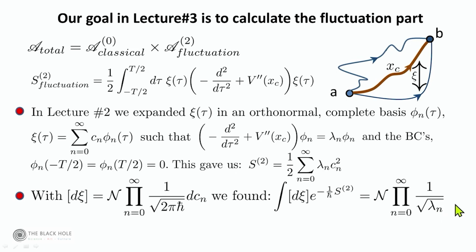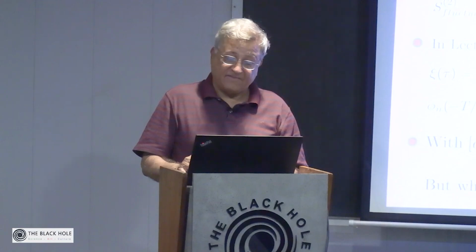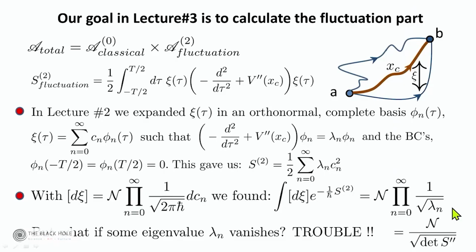And it's fine. It looks very good, but there is a problem. And that problem is that what if this lambda n is ever 0? Then we will be dividing by 0, and that means there's serious trouble. It means that this infinite product, which of course is the same as the determinant of this operator S double prime.